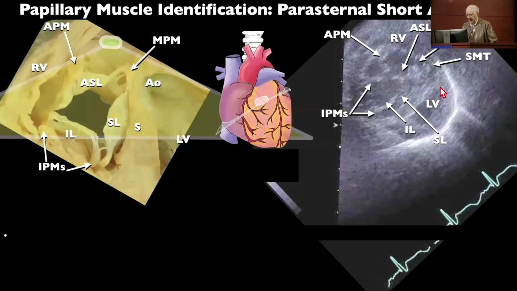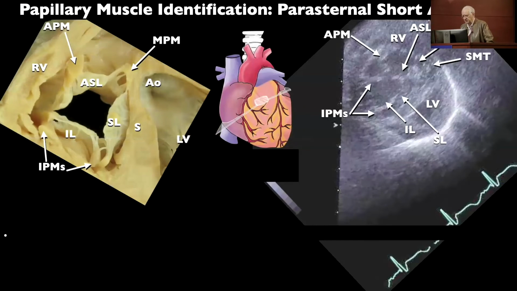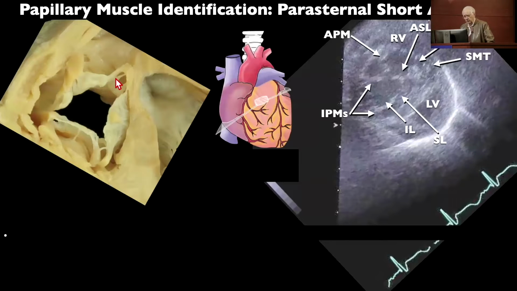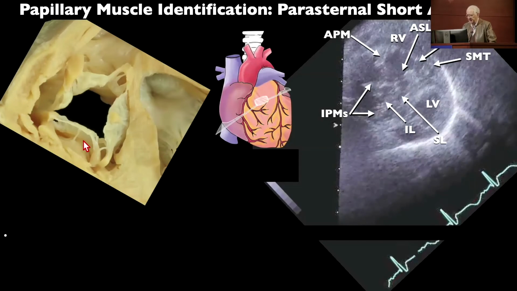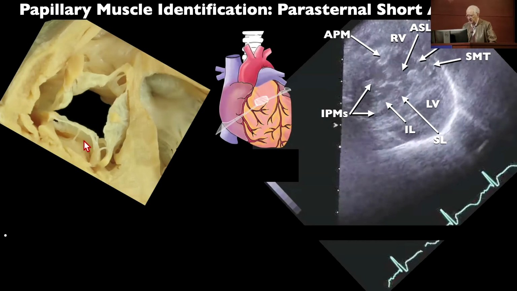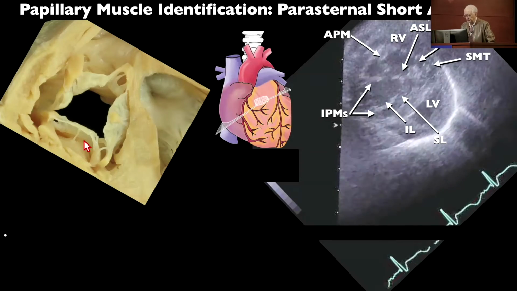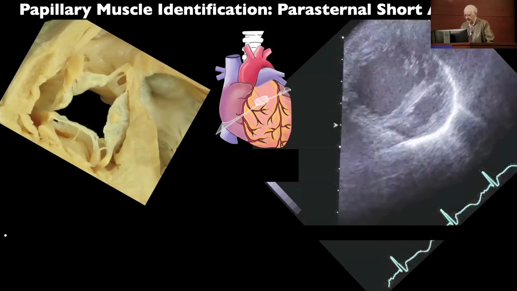You can see this from the apex. Here's a patient where we're looking at the apex of the heart in a normal, showing the medial papillary muscle, the anterior papillary muscle, and here's the posterior papillary muscle, so septal leaflet, anterior superior leaflet, and inferior leaflet. And all three of these can be seen on an apical displacement of the parasternal short axis plane.